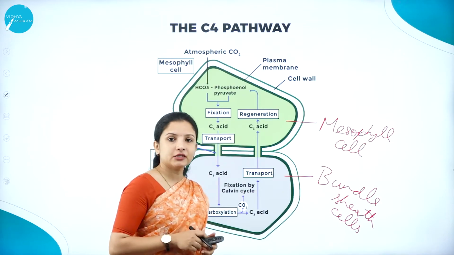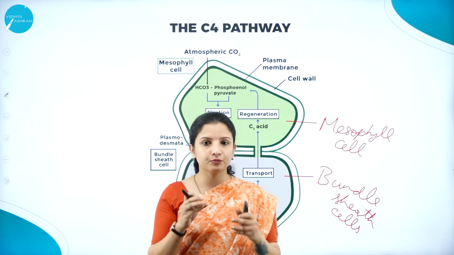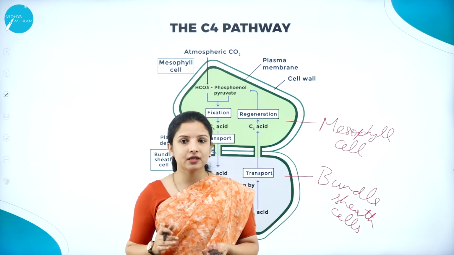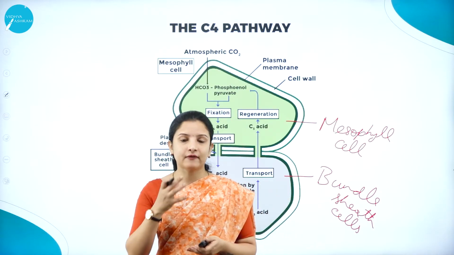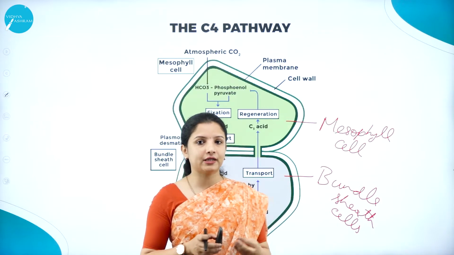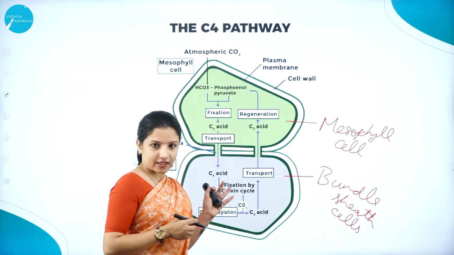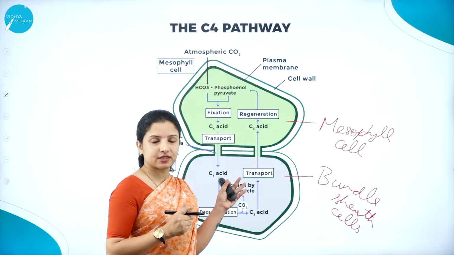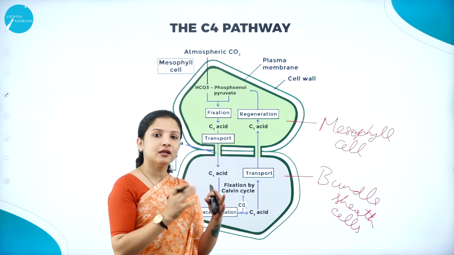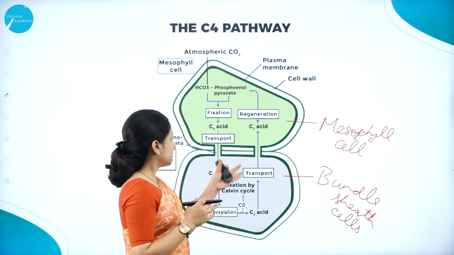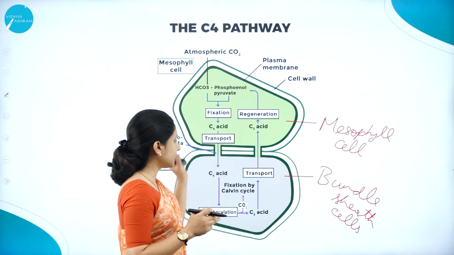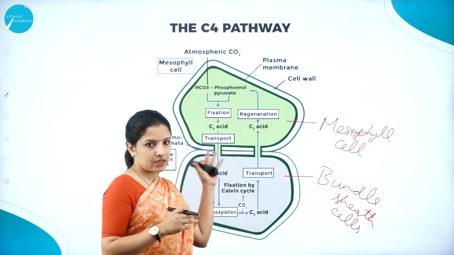Usually bundle sheath cells are a group of cells, or a mass of cells, that are found in the vein regions or surrounding the vascular bundles of the leaf. These cells, in the case of C4 plants, help in carbon dioxide fixation, and not just that, they form a separate compartment, and in that compartment the carbon dioxide fixation will take place.